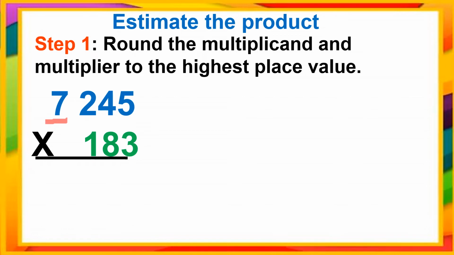Then we're going to look for the number at the right of 7. Can you tell me what number is at the right of 7? Yes, that is 2. Exactly. So what does it mean? If the number at the right of the number being rounded is 0, 1, 2, 3, and 4, are we going to round up or round down? Very good. So we're going to round down.